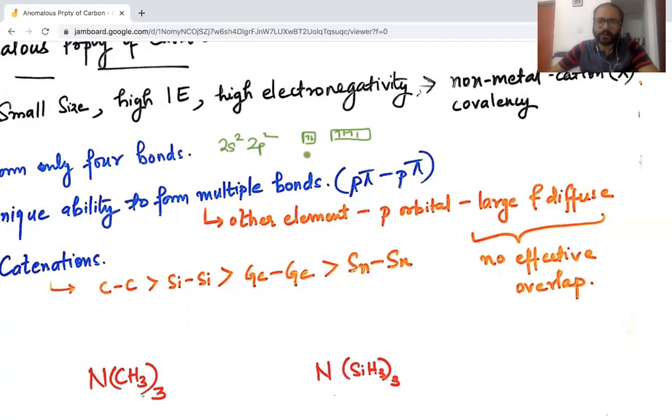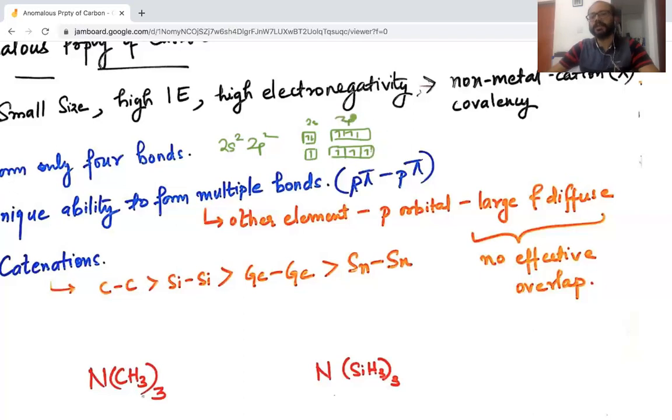Now, when you talk about the excited state, these paired electrons are excited, and the electronic configuration in the excited state is something like this. So this is your 2s orbital and these are 2p orbitals.